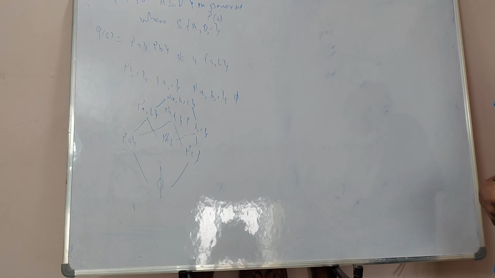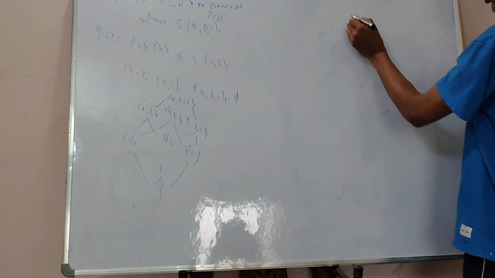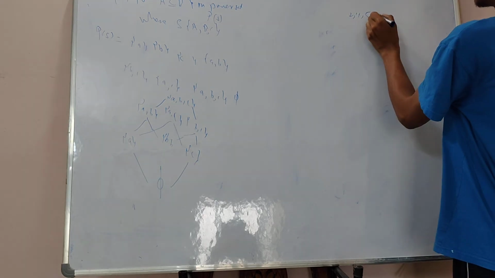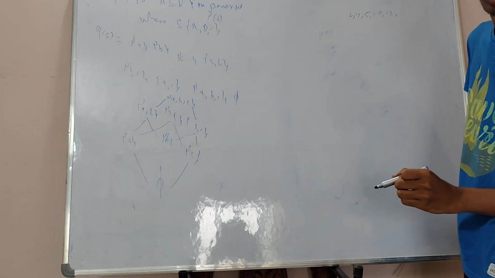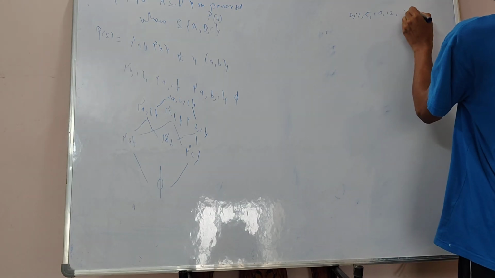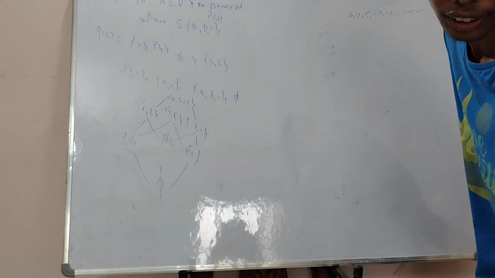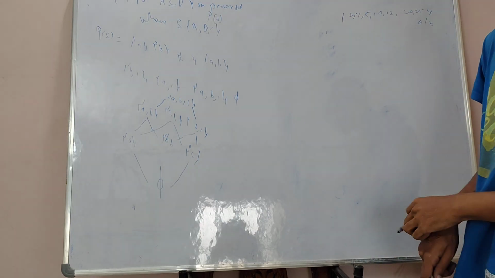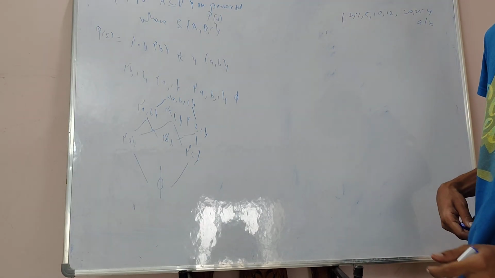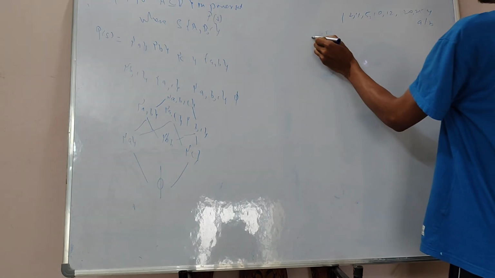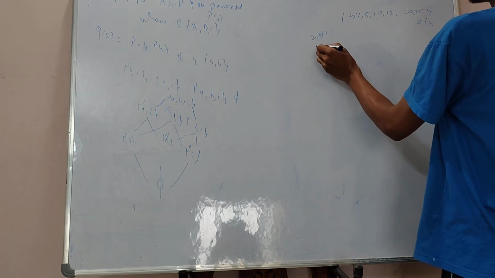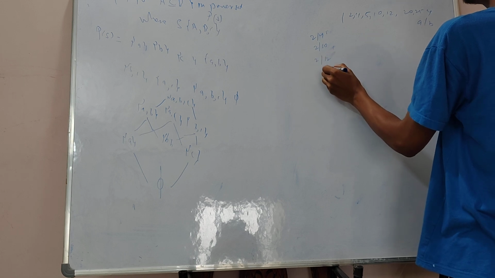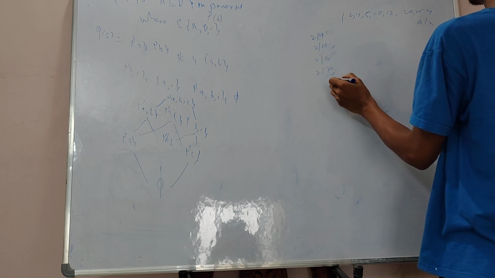So if maximal and minimal elements are unique, then they are the greatest and least elements respectively. Now suppose the poset 2, 4, 5, 10, 12, 20, 25, where the relation is a divisible by b. First, how I will make the Hasse diagram: see, 4 is divisible by 2, then 10 is divisible by 2, 12 is divisible by 2, 20 is divisible by 2.